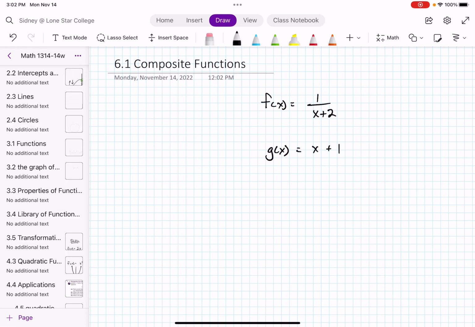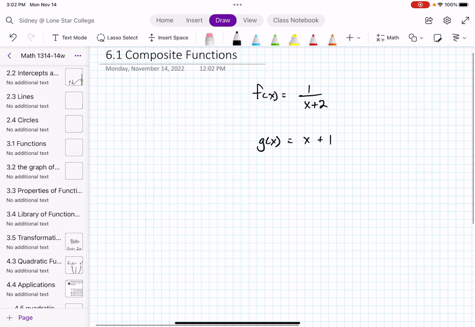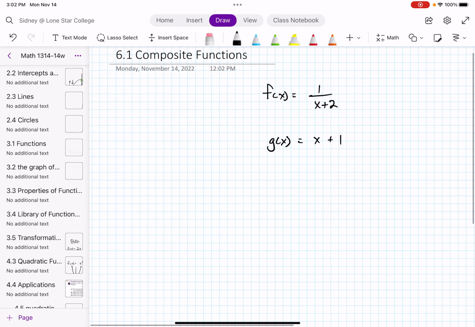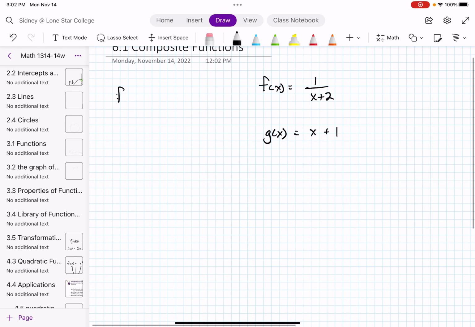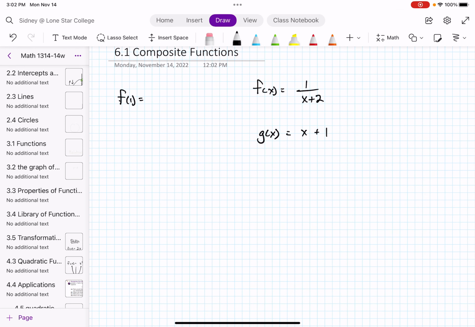In this section, we're looking at composite functions. Composite functions, the fundamentals you have to understand goes back to something we talked about earlier in the semester, and that is simply evaluating functions. So if I look at this function, f of x equals 1 over x plus 2, and I say, what is f of 1? That literally means evaluate this function at the x value of 1.